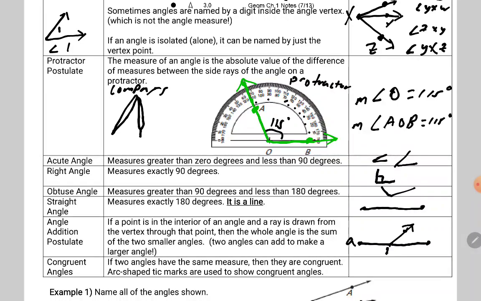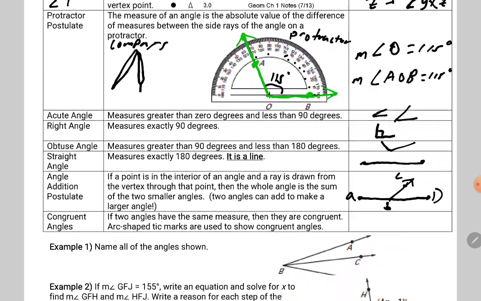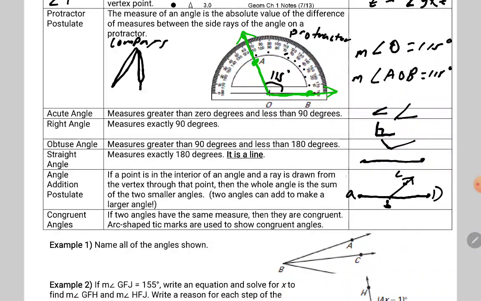So let's call this A, B, C, D. So this is 180 degrees. So angle ABC plus angle CBD is equal to the big angle ABD.